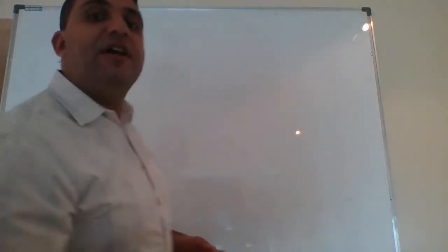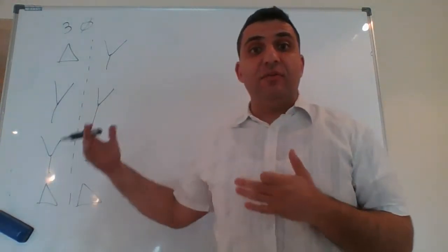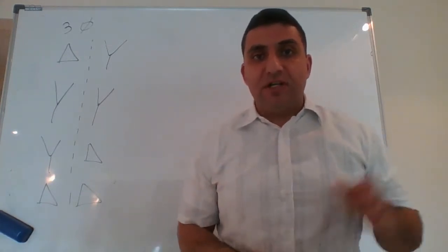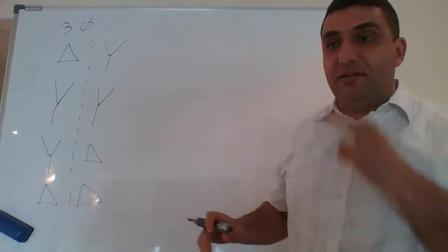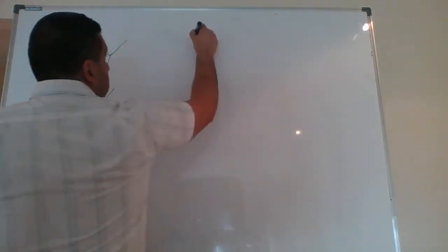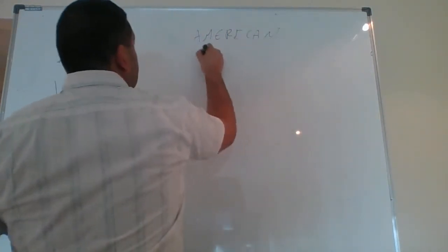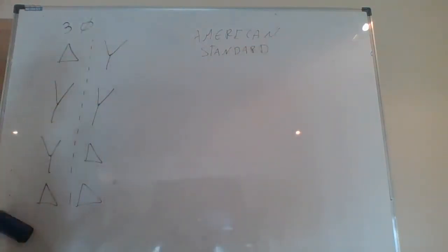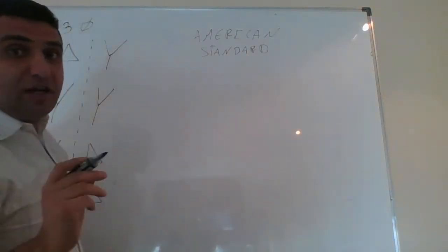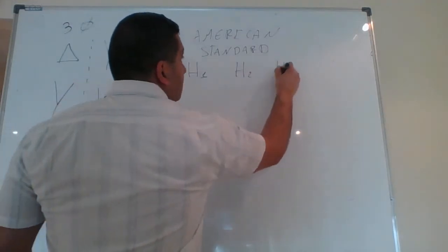Now it's very important to note that every country has its standard of notations. For example, in the United States, under the American standard, the high voltage side notation is H1, H2, and H3.